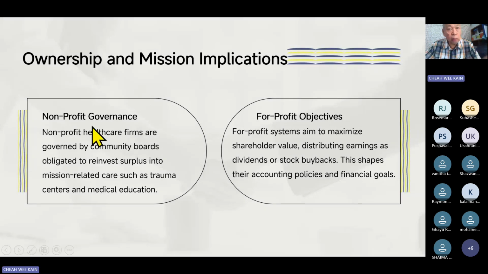Now, if you are a non-profit, let's say a government hospital, they do not care so much about the loss because when there is not enough money, they ask the government. So the criterion for non-profit is not money. Maybe it's satisfaction, maybe it's some sort of KPI, how many patients were treated and so forth. Okay.